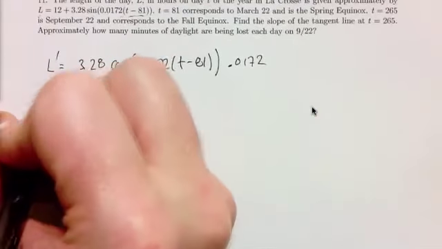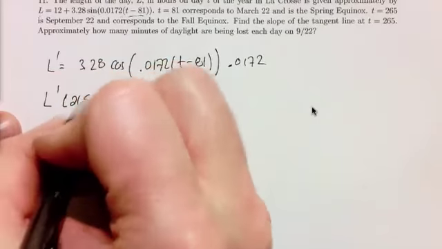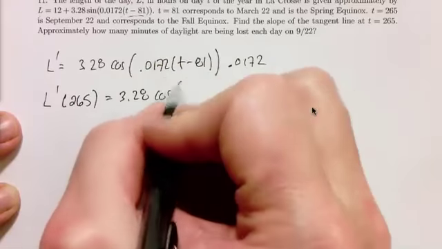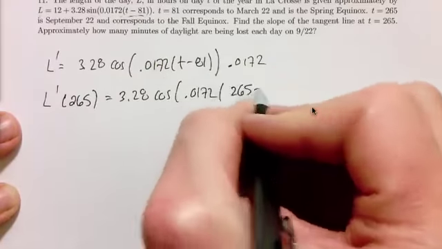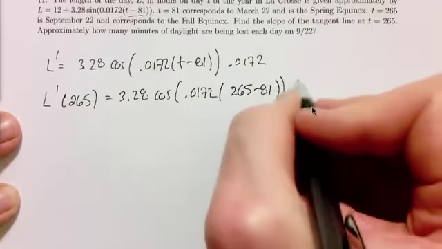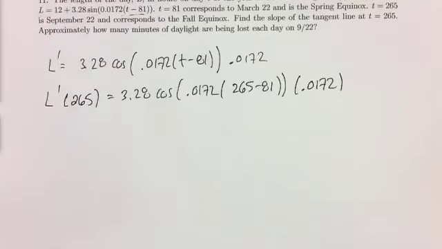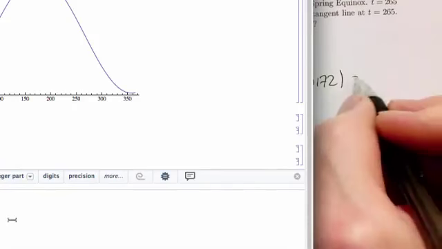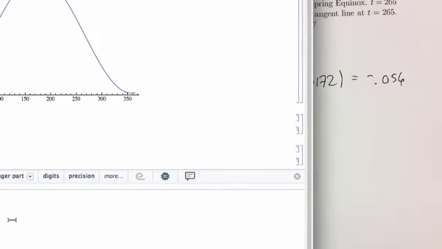So evaluating this, make sure you're in radians mode. At day 265, and that comes out to be about minus 0.056 or so.